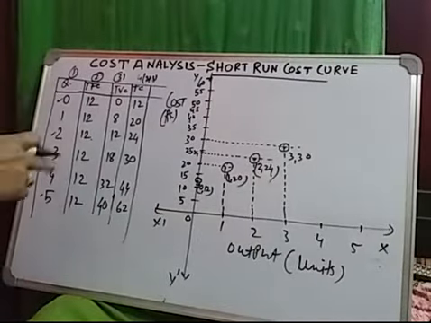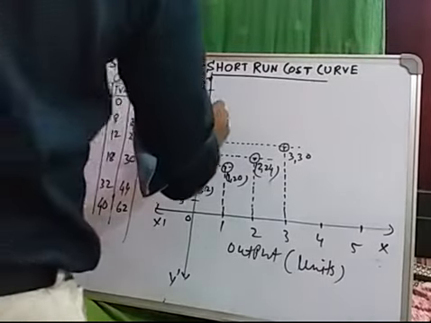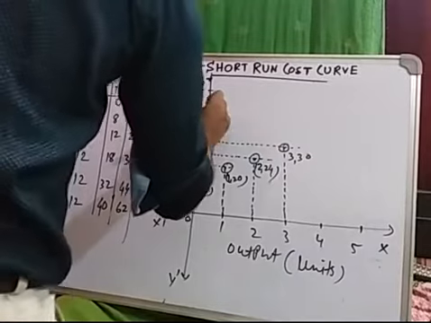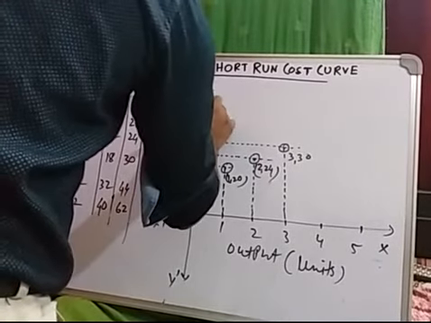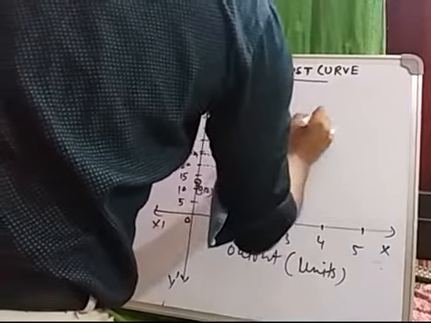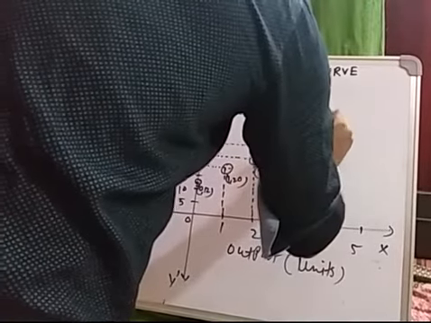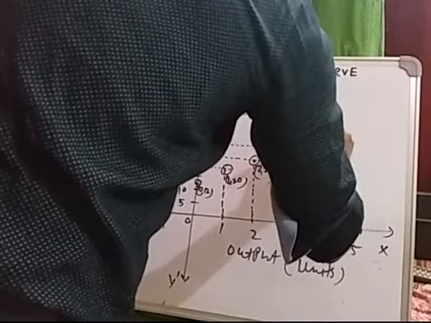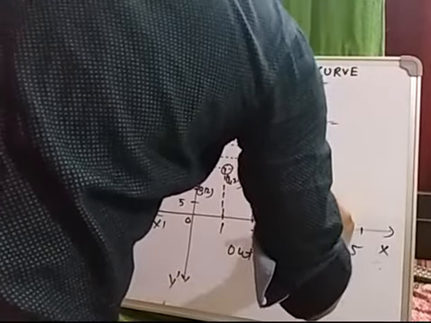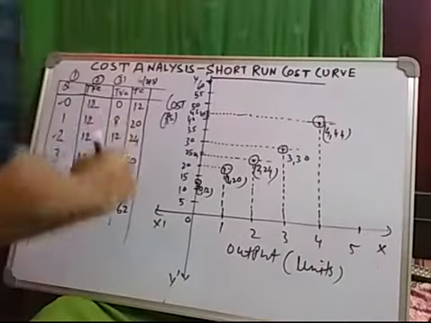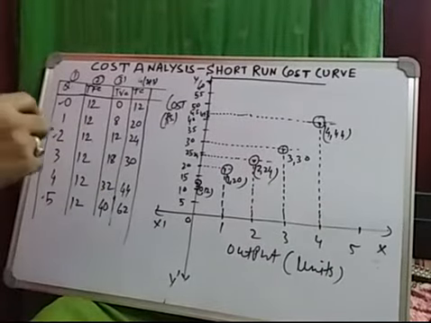And next is 4, 44. So this is 40, 41, 42, 43, 44. So this is 44. So 4, 44, the point will be here. And then 5, 62.